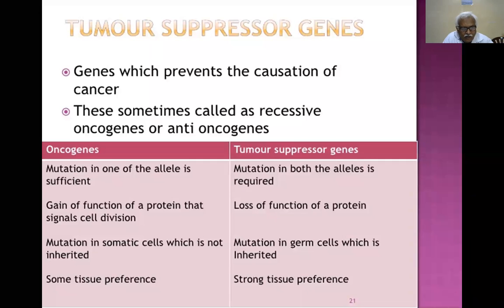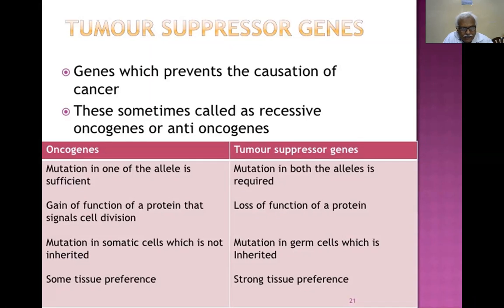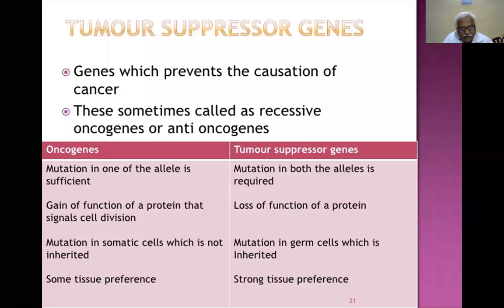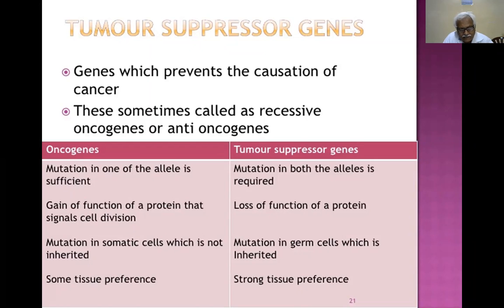For oncogenes, gain of function of a protein that signals cell division is sufficient. For the suppressor gene, loss of function of a protein is most important. For oncogenes, mutation is in somatic cells, which is not inherited. Mutation in germ cells is inherited.